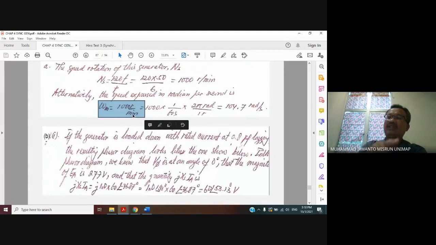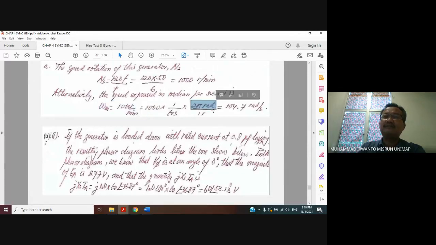One cycle is equal to 360 degrees, or equal to 2 pi radian. So a revolution is equal to 2 pi radian. And per minute, 1 minute you have to convert to seconds.